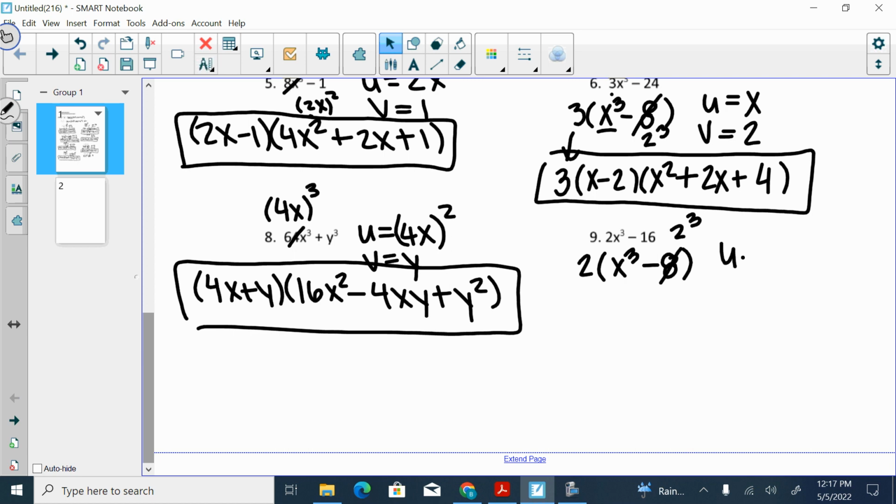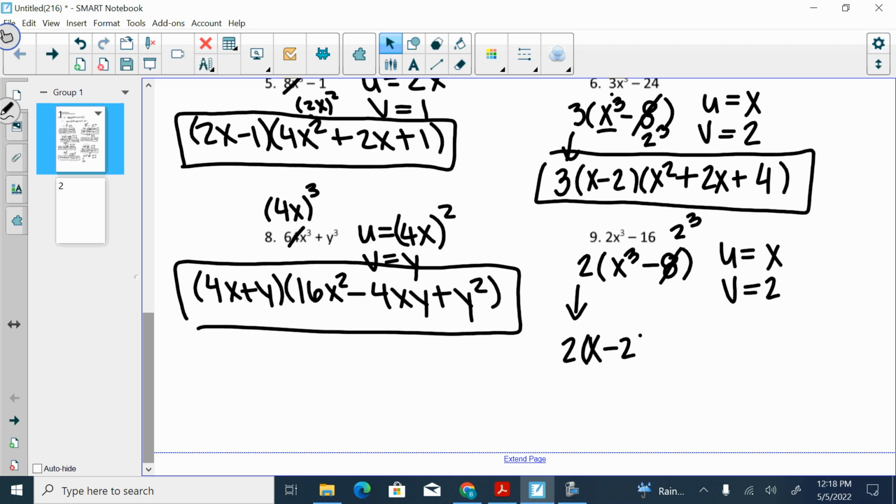So then our u is, and our v is nice. Okay, so what am I going to bring down out in front? Our GCF, right? Bring down that 2. Good. Okay, and this one's a minus, so we're using the bottom formula. So I'm going to have what in my parentheses?